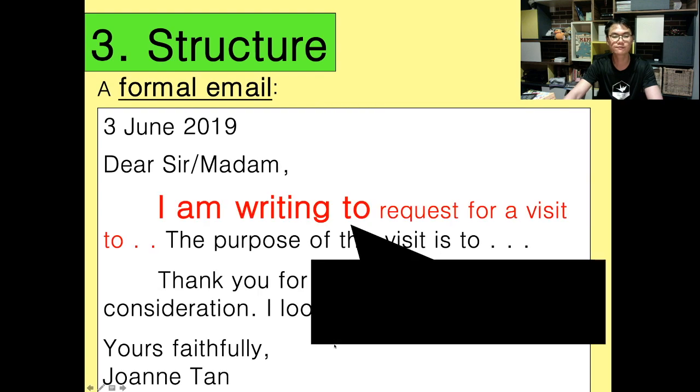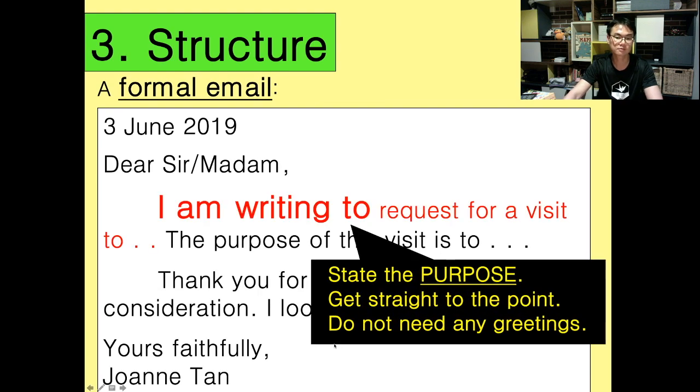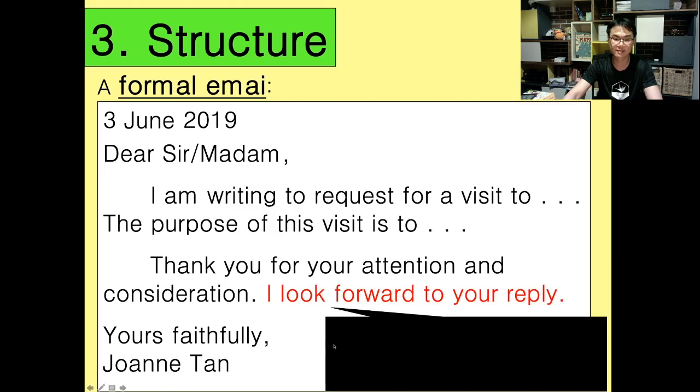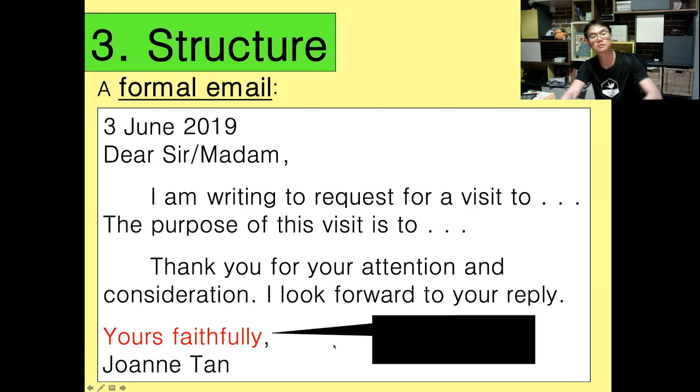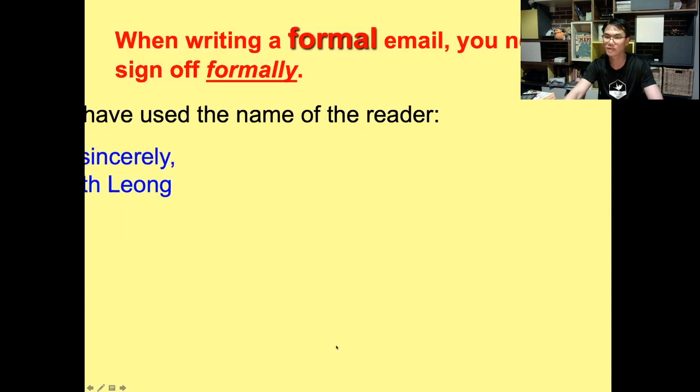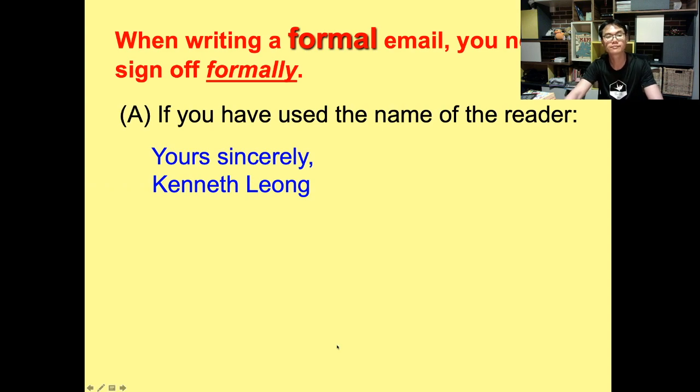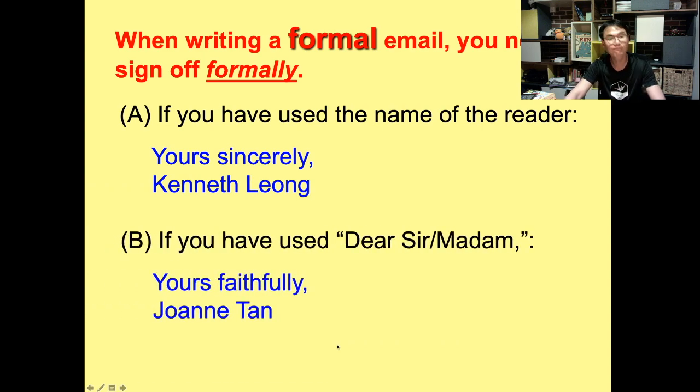Write the purpose, go straight to the point, there's no need for polite statements, and always have an appropriate end purpose, and formal signing off. In this case, yours faithfully. So you must sign off formally. Remember, if you know the name, yours sincerely. If you don't know the name, then yours faithfully. So far, so clear.